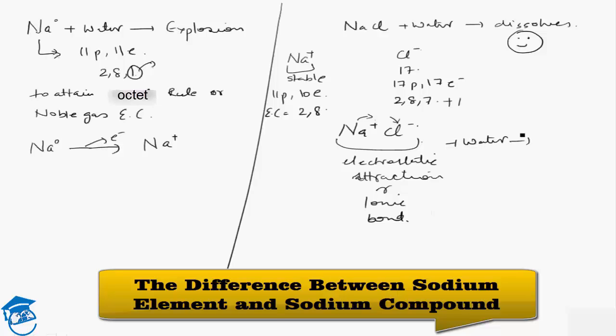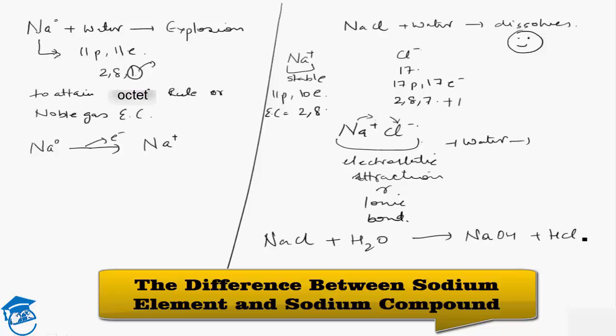Na+ is attracted towards the oxygen side of the water molecule, while Cl- is attracted towards the hydrogen side of the water molecule, giving NaOH and HCl.